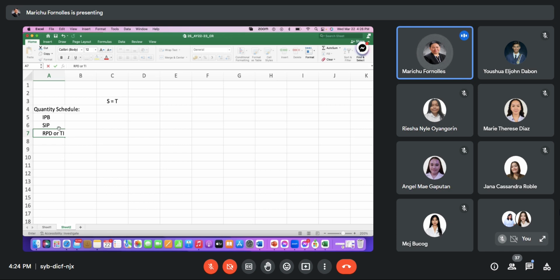So those are the three possible sources. The targets shall include finished and transferred, or F&T. So that's the first target, followed by another possible target, finished but still on hand. And lastly, the IPE, work in process at the end of the month.